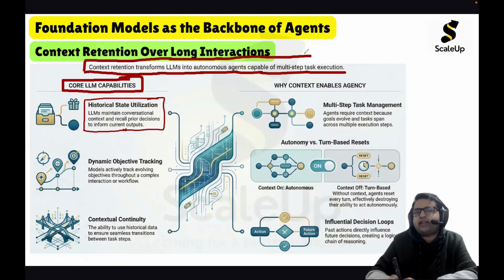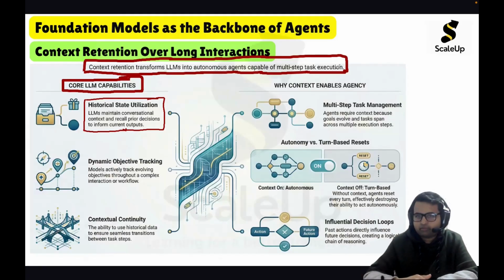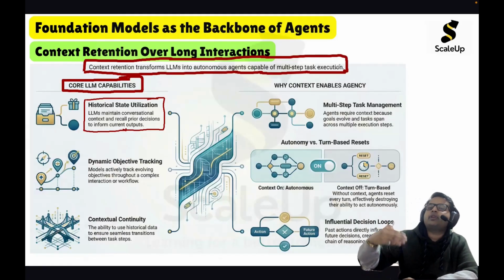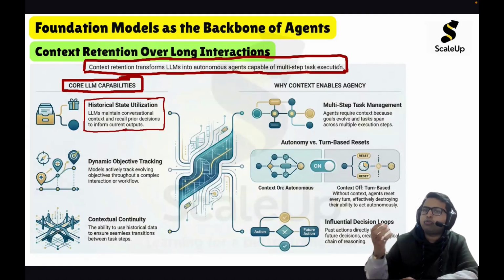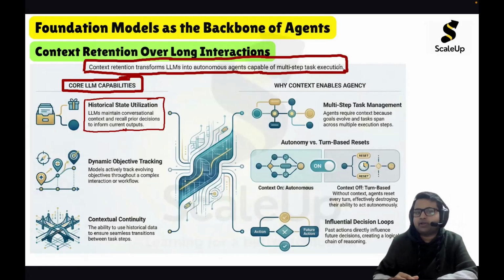Now the idea is that an agent has to achieve a goal. To achieve that goal, it will make a plan, and that plan will contain many steps, and it will execute those steps one by one. The first step it executes, whatever outcome it gets, it will store somewhere. While executing the second step, it will consider the output of the previous step. So we are calling it context retention.